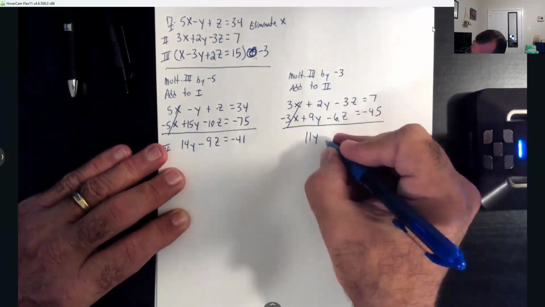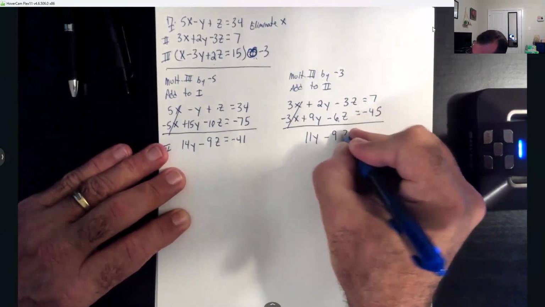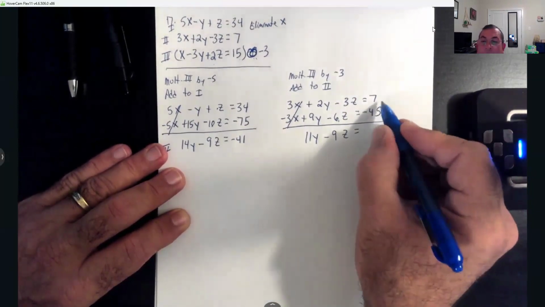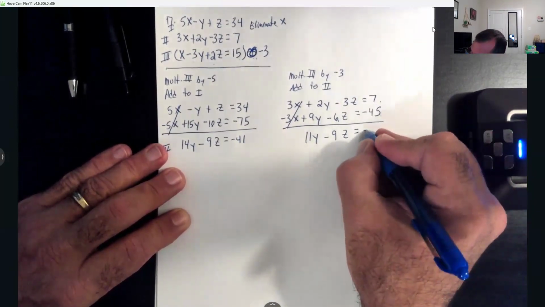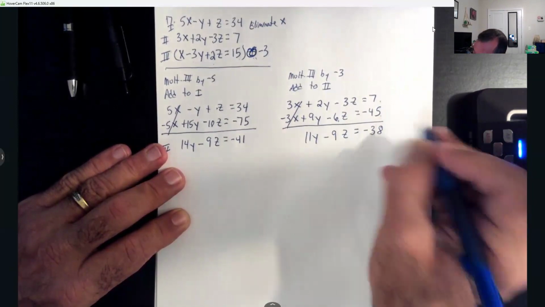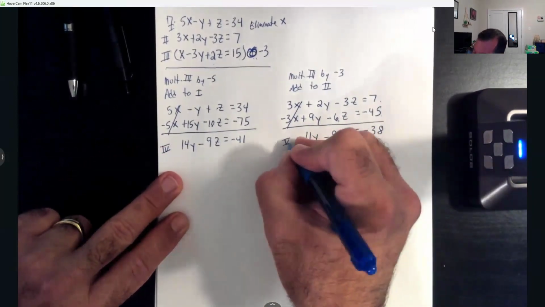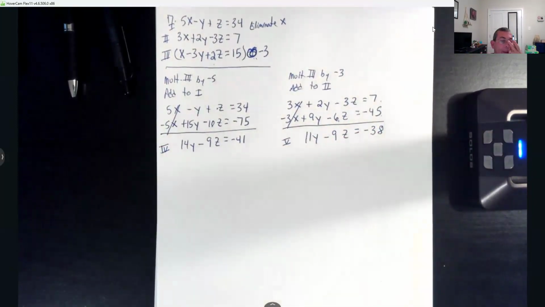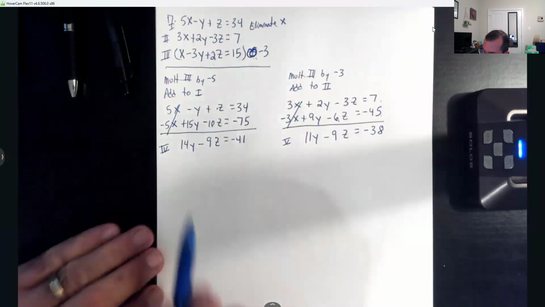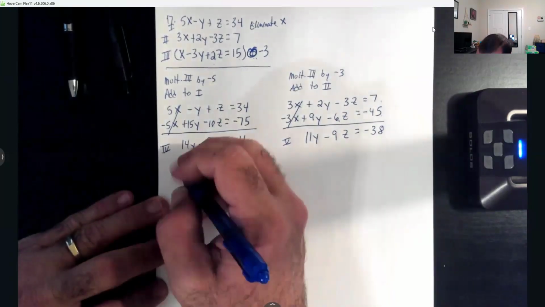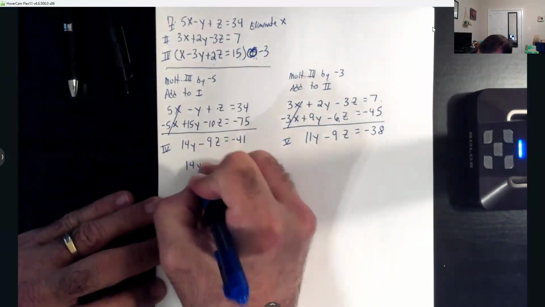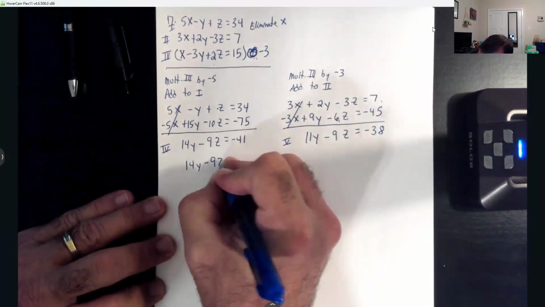Negative 3, negative 6 is a negative 9z. Negative 45 and 7 is a negative 38. That'll be my fifth equation. But y'all remember, these two equations now make a 2 by 3.